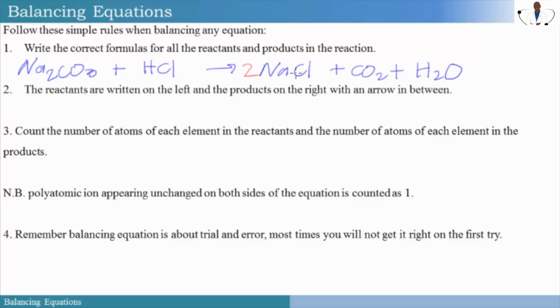Let's move on. This number in front is saying that I also have 2 Cl atoms. Over here, I have only 1 Cl. So I will put 2 in front. Notice we use whole numbers when balancing equations, and they are placed in front of the molecules or compounds.